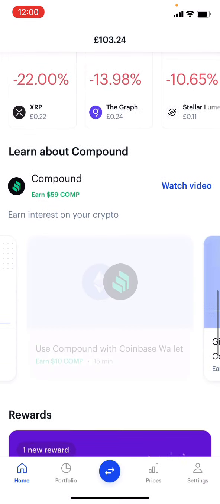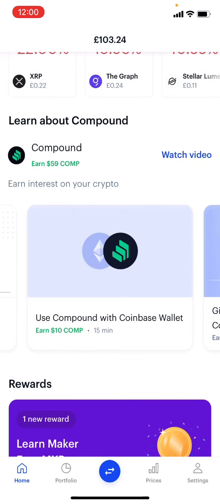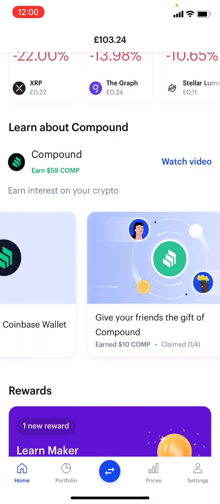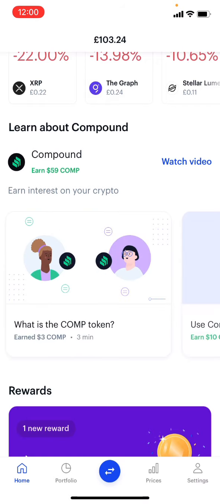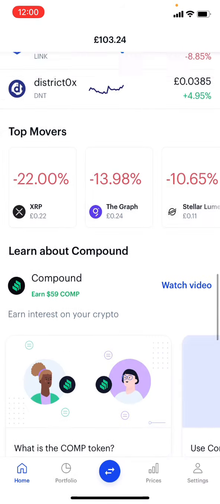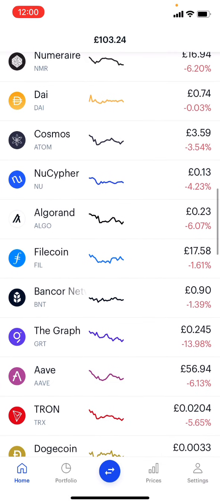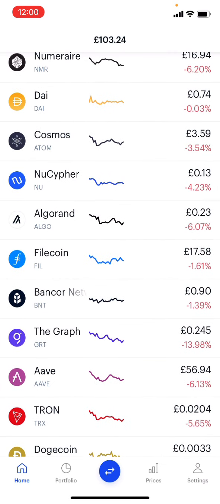You can instantly get 10 pounds, and you can transfer it to your bank account. This is very easy and simple. Just watch a video and click what you see, and they'll give you all the free coins. There is a lot of new crypto in the market giving free coins for marketing purposes.